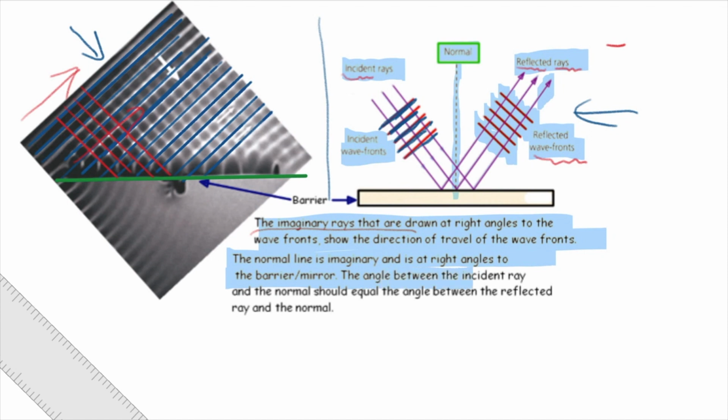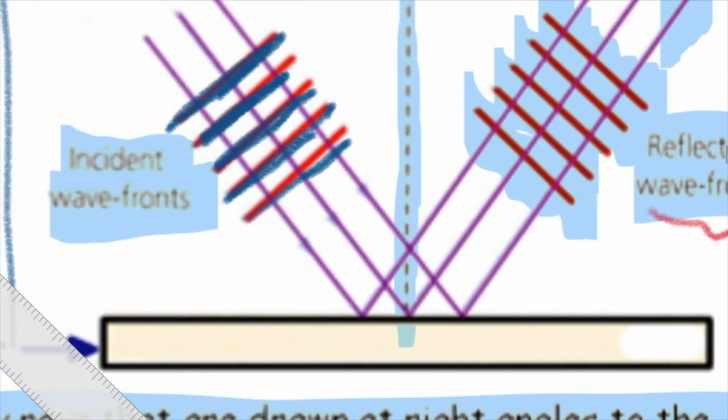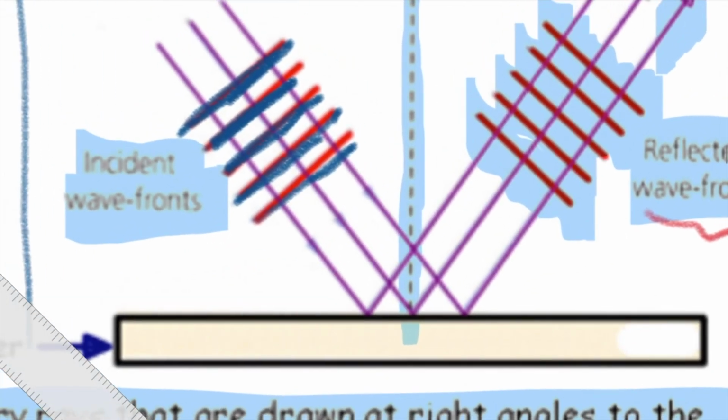The angle between the incident ray and the normal should be equal to the angle of the reflected ray. Now, if I zoom in, I'm going to pick this middle ray here. That's the wrong pen to use.